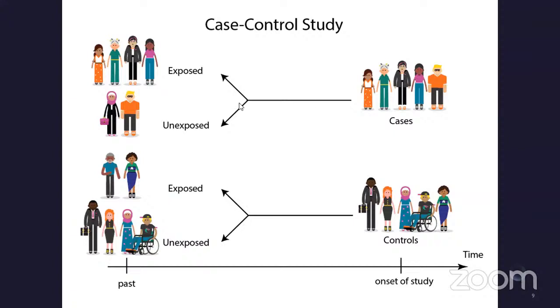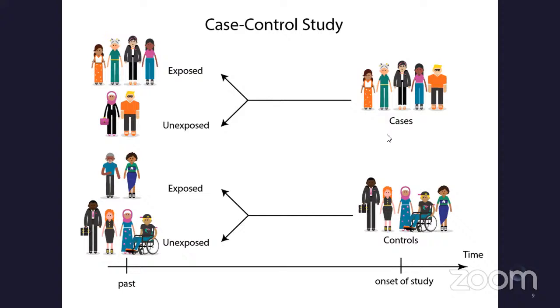If you go back in time, we are following them back retrospectively, you can classify them as exposed and unexposed to a certain risk factor. Similarly, we do for the controls as well. We go back in time retrospectively and we classify them based on the exposure as exposed and unexposed.